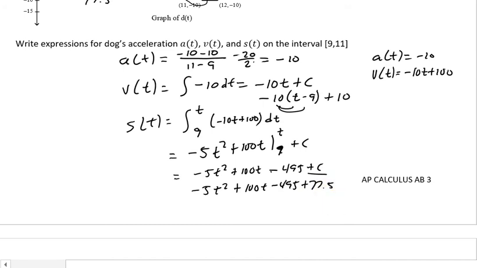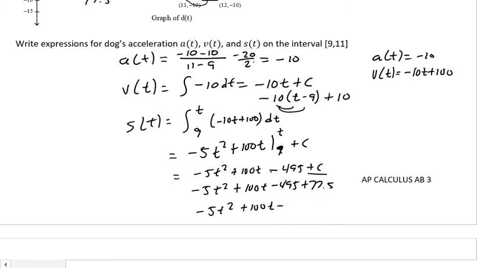Okay? And that turns out to be negative 5t squared plus 100t and then minus maybe 421.5. 420, alright? That's not right. I subtracted wrong there.